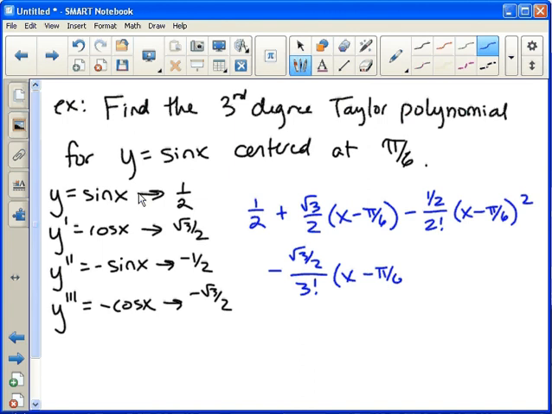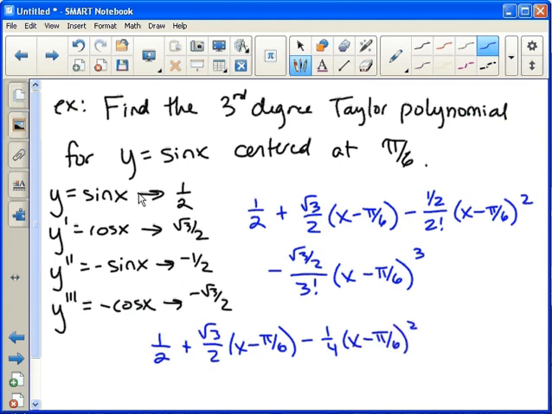So just to give an example of what it would look like if we did reduce the fractions, let's look at this one. We'll have 1/2 plus square root of 3 over 2 times x minus pi over 6. Okay, 2 factorial is 2, so that'll become 1/4 times x minus pi over 6 squared, minus 3 factorial is 6, so that should end up being square root of 3 over 12 times x minus pi over 6 cubed.